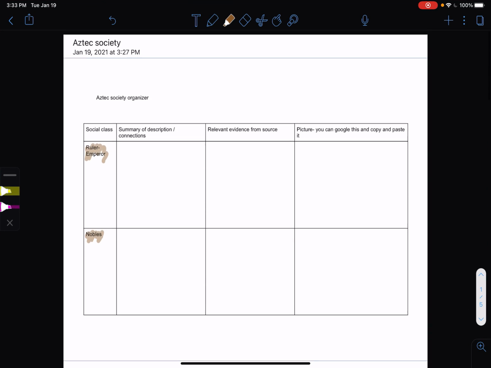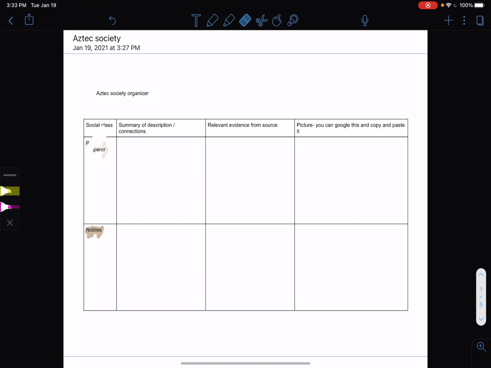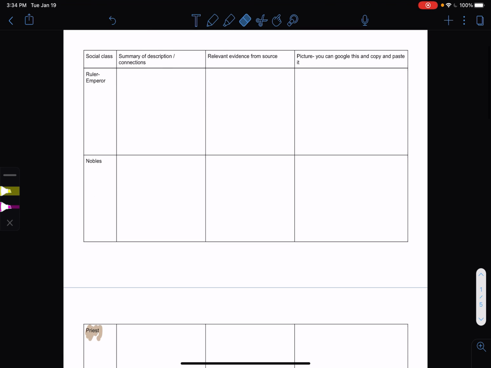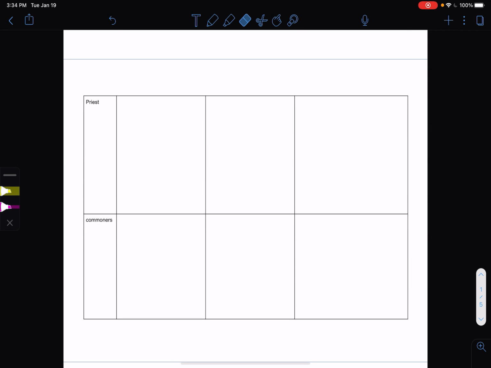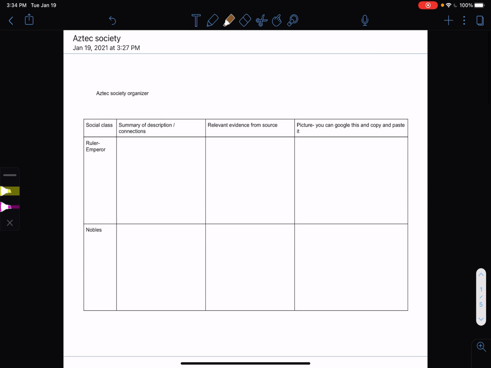I've given you the names of the classes on the left hand side, and you're going to give me a summary or description of each class from the document, and relevant evidence from the source. Hopefully, it is going to be a quote.